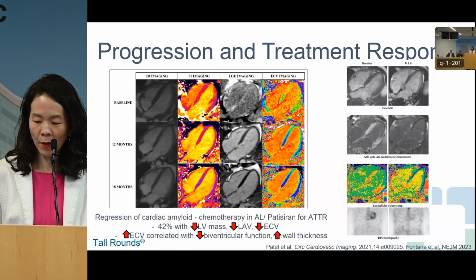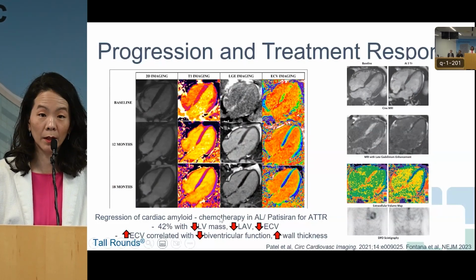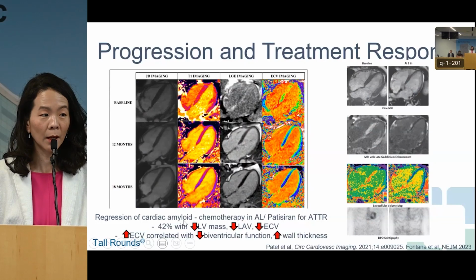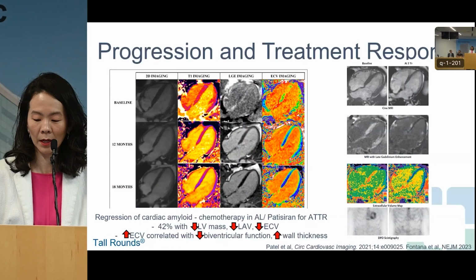These were some other studies demonstrating CMR's ability to look at treatment response. So regression with cardiac amyloidosis has been seen with AL amyloidosis with chemotherapy, as well as with patisiran for ATTR. And in 42% of the patients, there was a decrease in LV mass. And again, because CMR is a gold standard and allows very precise measurements for LV mass, you can actually quantify this and see this with a smaller number of patients.